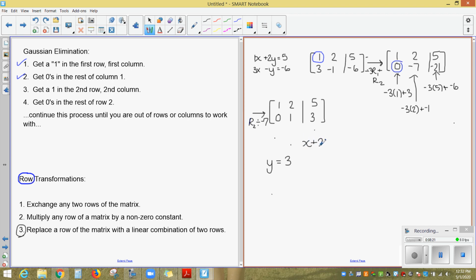My top row says x plus 2y equals 5. And so now I know what y is. It's a 3, so I replace the y with 3. And then in one step, I have my x. From there, I can write my ordered pair. For my solution set, it's just the single point of intersection, negative 1, 3.